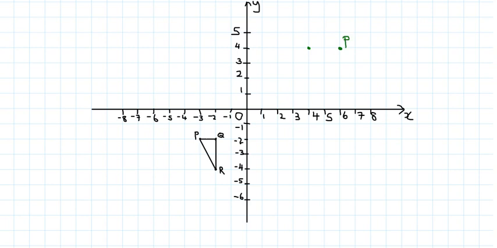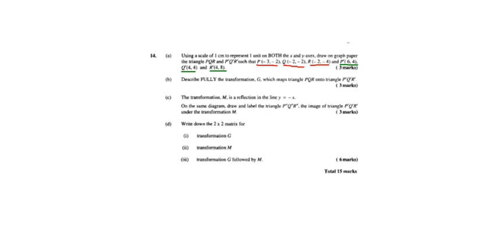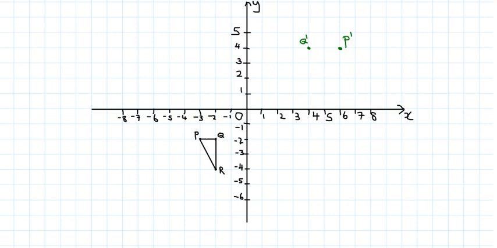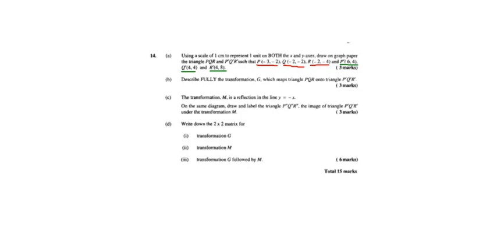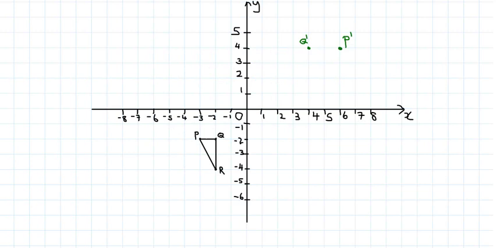So this is P prime, this is Q prime. And then finally, this one is R prime, right? R prime is 4, 8. Okay. 6, 7, 8. Okay, we'll pretend that that's 8. We know it's not 8, but we'll pretend that it's 8. And this will be R prime.